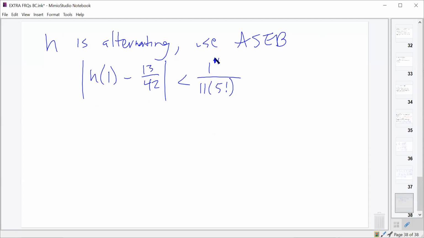And the annoying thing here is we're going to have to actually evaluate what that is to show that it is less than 1/1000th. 5 factorial is 120, and 11 times 120 ought to be 1320. So 1 over 1,320, which is less than 1 over 1,000. And therefore, since we know the error is less than 1/1320th, it must be less than 1/1000th as well.